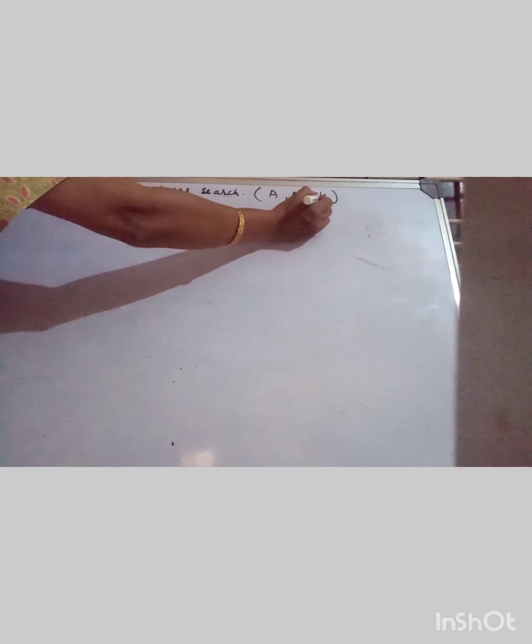Here A is a linear array with n number of elements. ELE is the element whose location we have to find. Searching means finding the location of an element. Once again I will repeat.